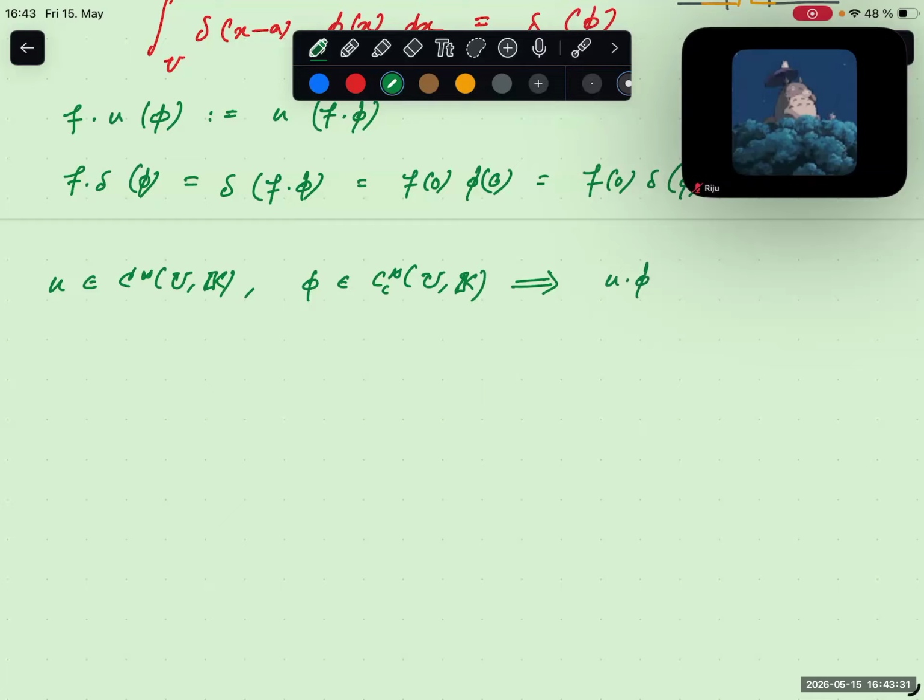This thing makes sense, you can just multiply functions pointwise, and this is again a compactly supported smooth function.